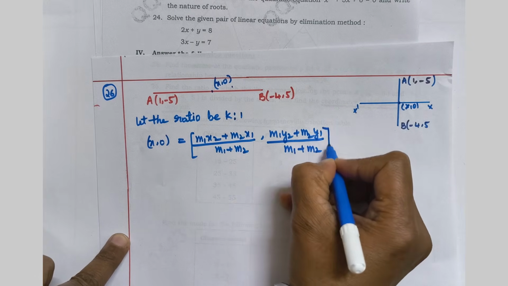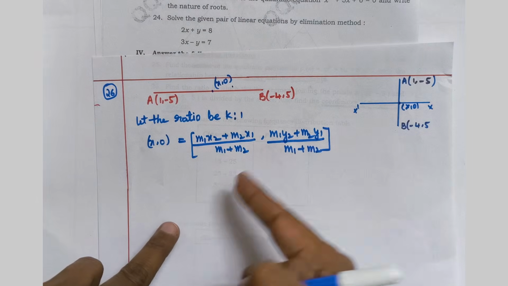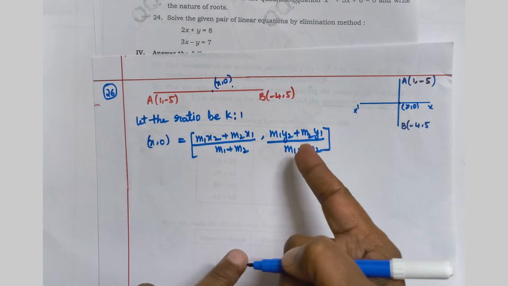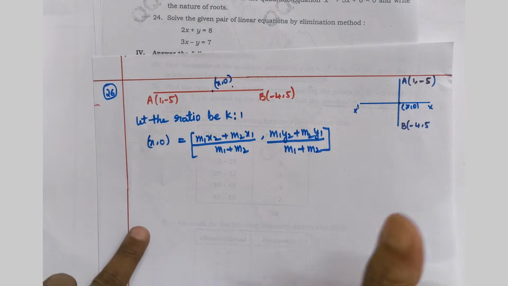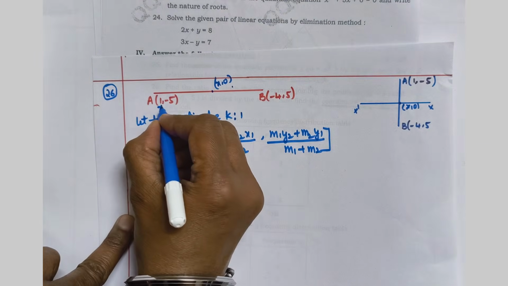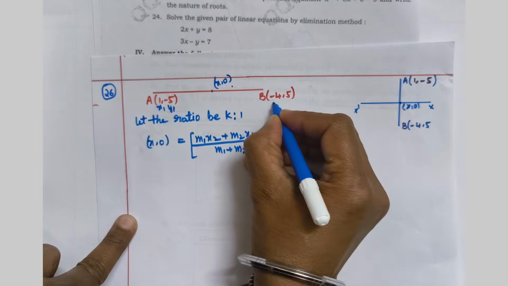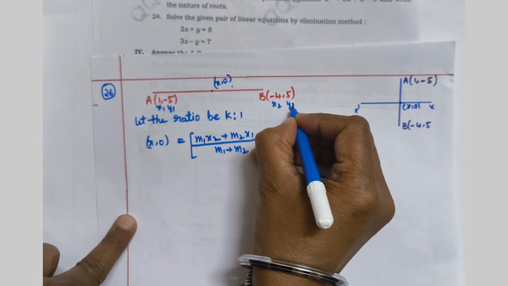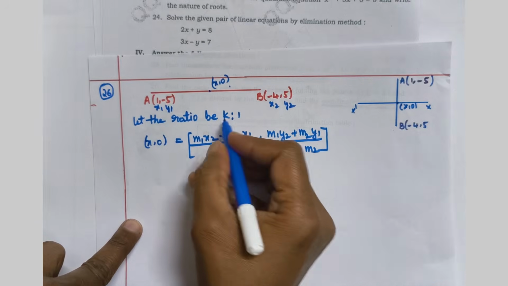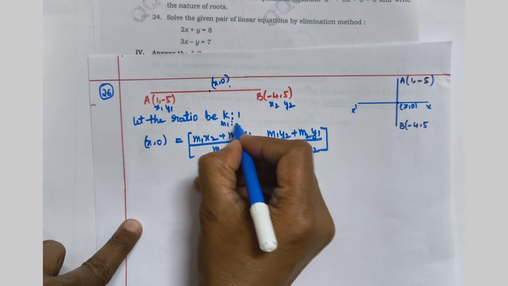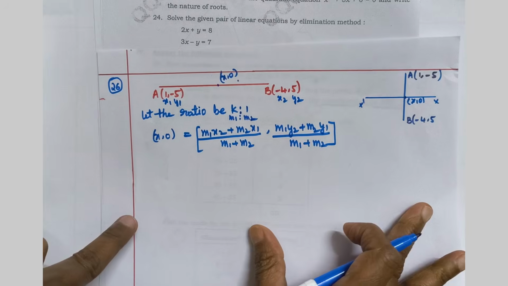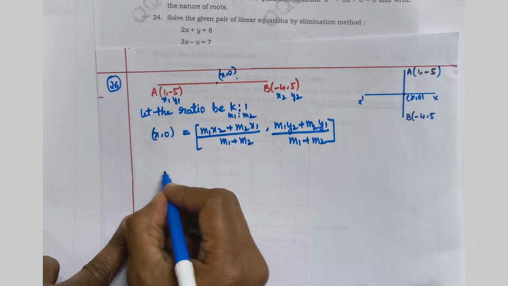Keep this formula in your mind. Here this is x1, y1 and this is x2, y2. The ratio means m1 is to m2. Now we will apply the values.